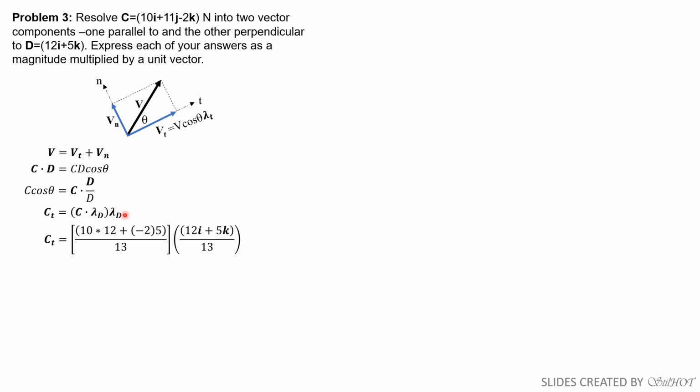Then the unit vector of D is its vector divided by its magnitude.